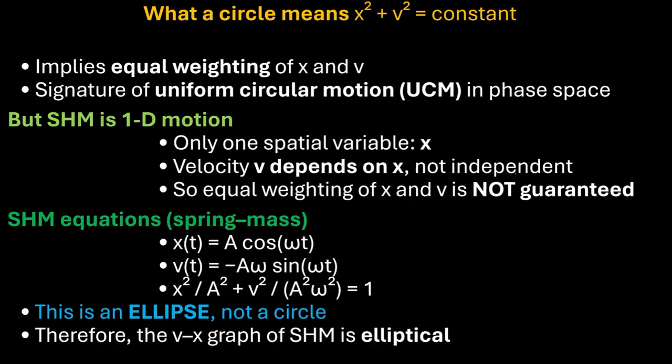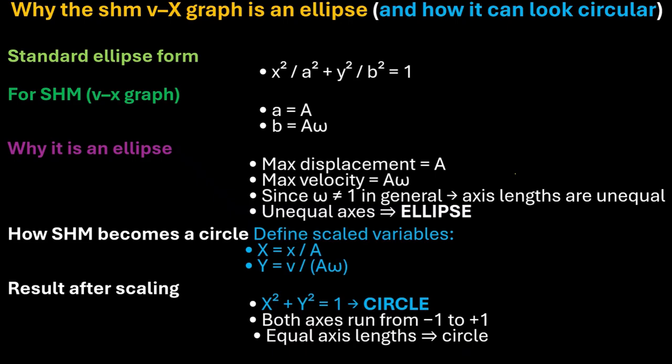So we have simple harmonic motion x t, v t, adding these two equal to 1. This is an ellipse and not a circle. How can an ellipse be made a circle? By choosing the concept of scaling. What is scaling? Dividing the axis, creating a new axis, then defining it, then drawing the graph, which gives us a circle. Therefore, the xy graph now becomes circular in nature, which matches our option.